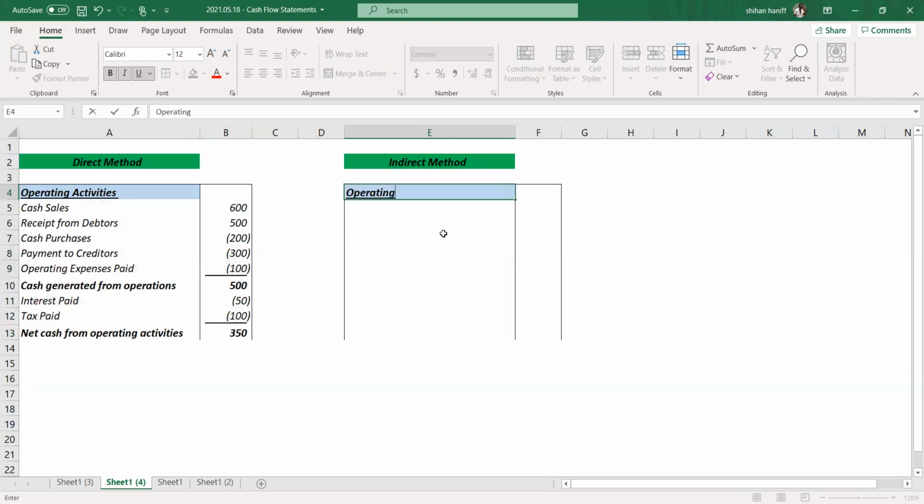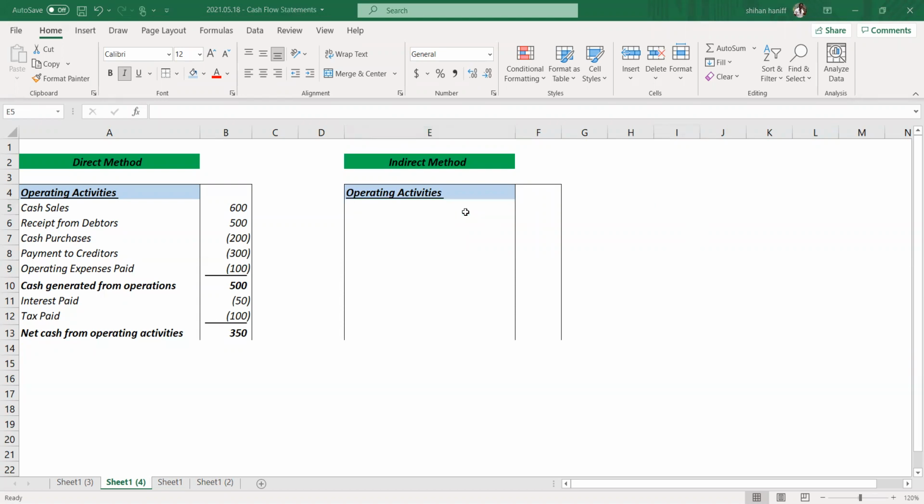Operating activities. In the operating activities in indirect method, what we do is we convert the profit.